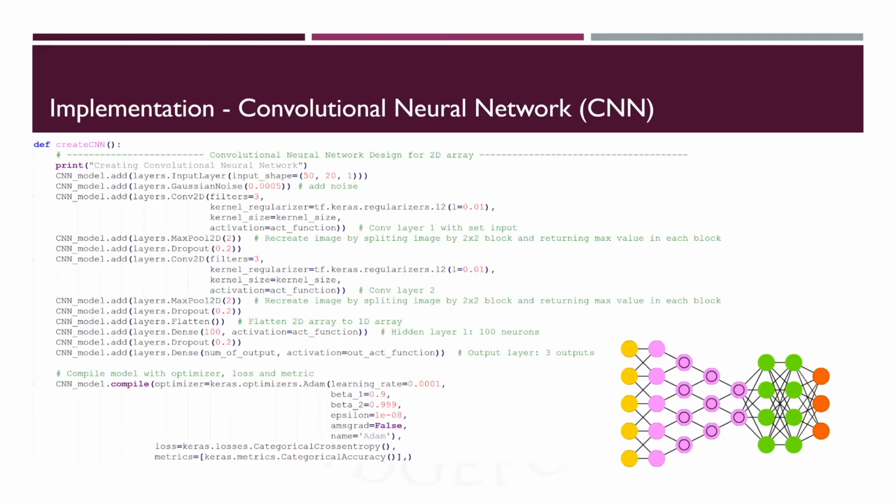And then the last layer is our final output layer with the 3 outputs. The optimizer that we used was the same as our simple neural network, Adam, and we used the same loss function, cross entropy.